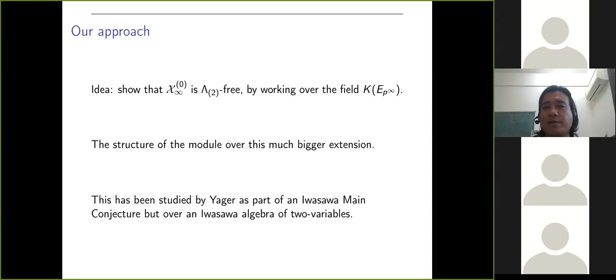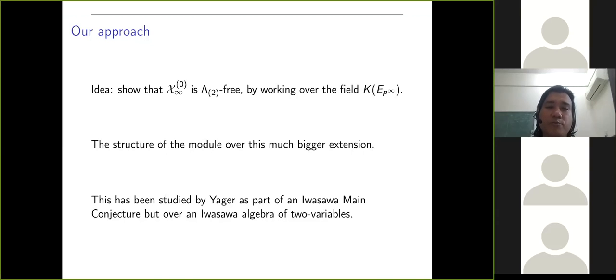So morally, one is saying that this field, K(E[p^∞]) over F0, will be an extension of dimension 2. So it will look like Zp direct sum Zp, and I take this algebra in two variables, which I have denoted here by Lambda 2.